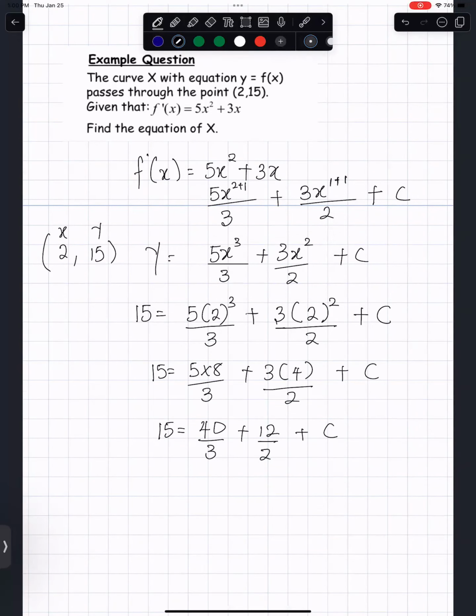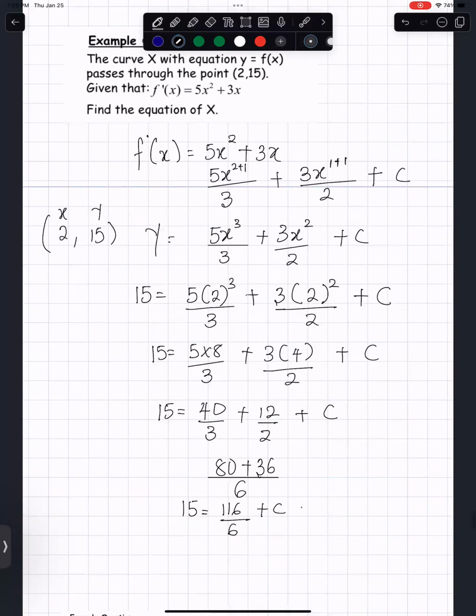Looking for the LCM of this, we will have 6 here. So this gives me 80 plus 36. So 15 equals 80 plus 36, that is 116 over 6, plus c. So our c will be 15 minus 116 over 6.